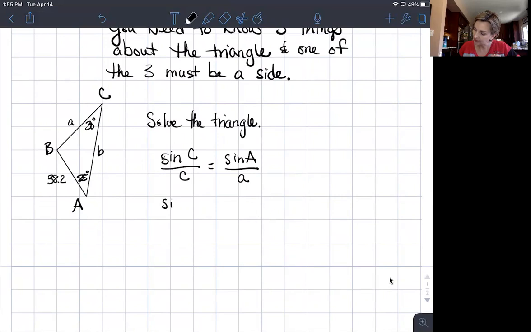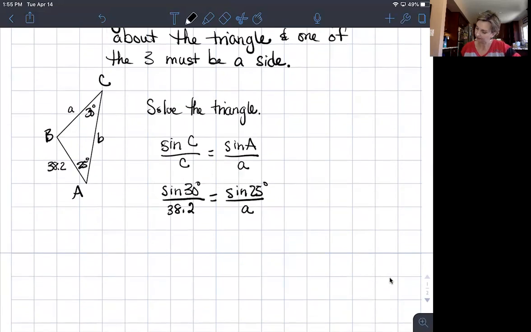We're using C because those two are given to us: 38.2 and 30 degrees. Angle A we're given, that's 25 degrees. And side A, we don't know, so we're going to solve for that.